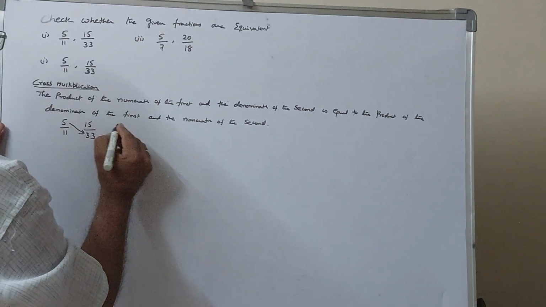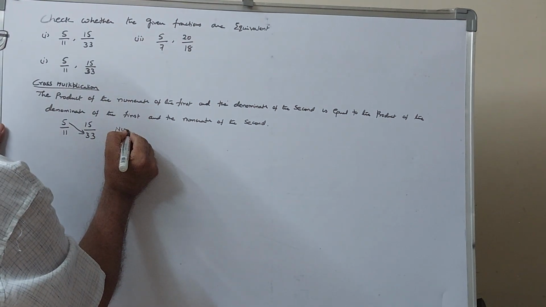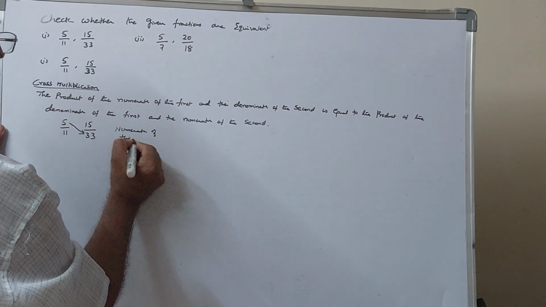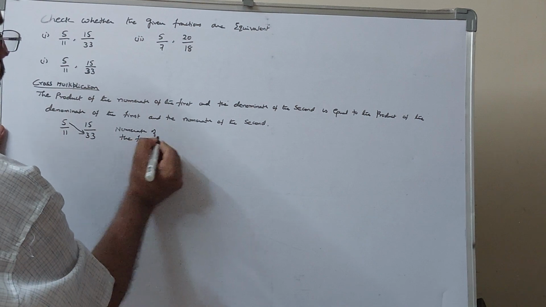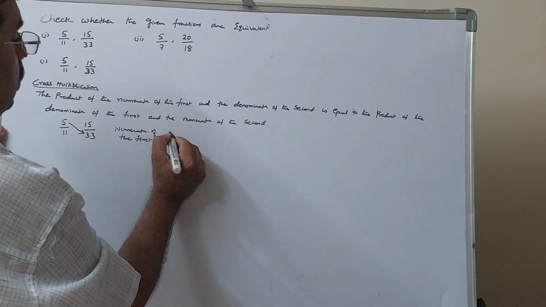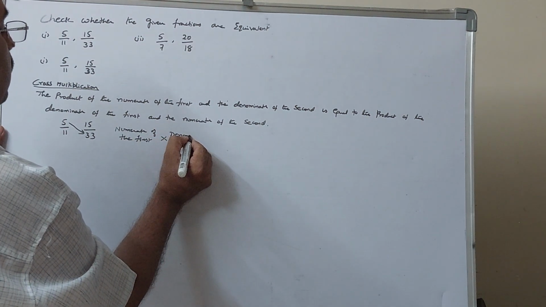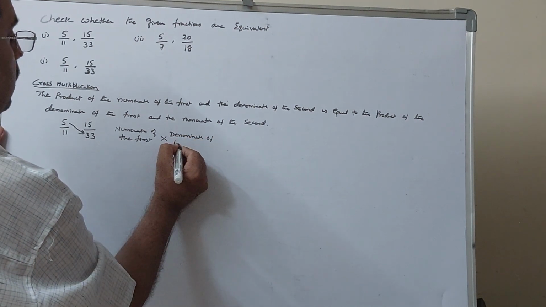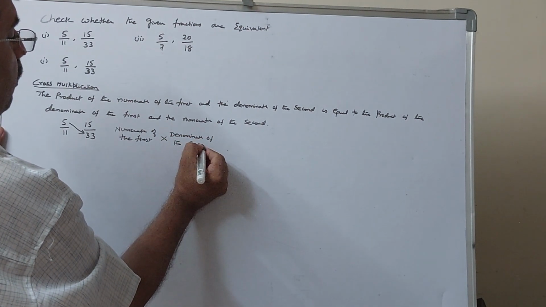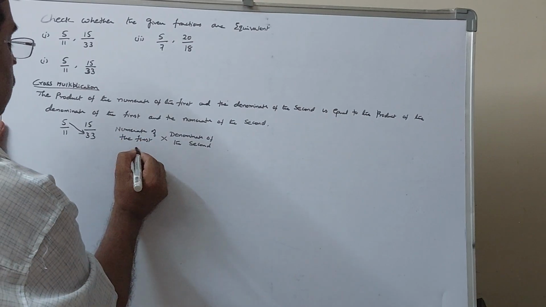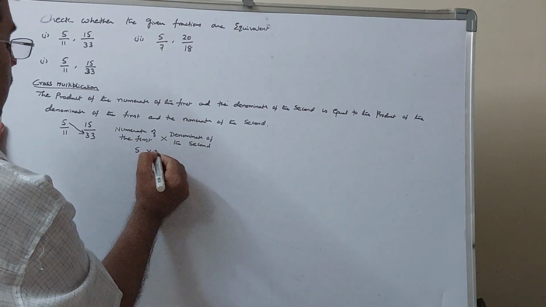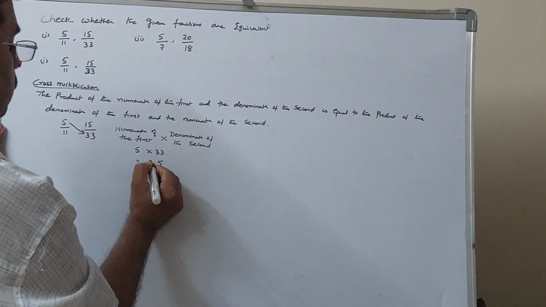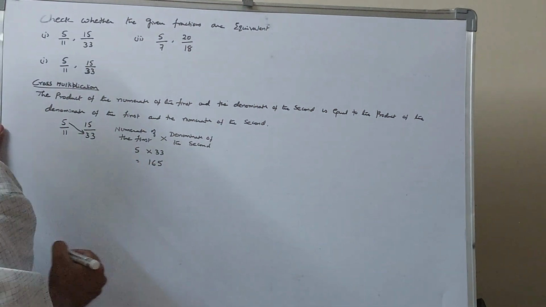Here you see numerator of the first into denominator of the second. This is the first one. So numerator of first, 5, into denominator of second, 33, is equal to 165.